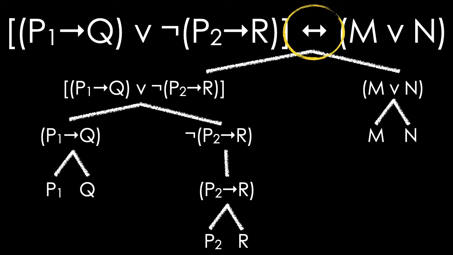The connective that you look at first if you're taking this sentence apart is the biconditional. Put the other way, if you're building this sentence up from pieces, the last connective you put in, the last connection you make, is here at the biconditional. So for this sentence, the biconditional is the main logical operator of the sentence.